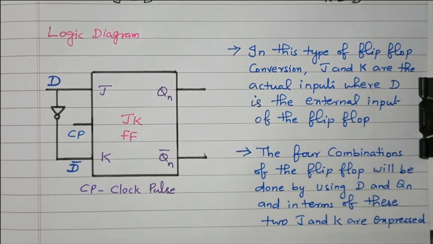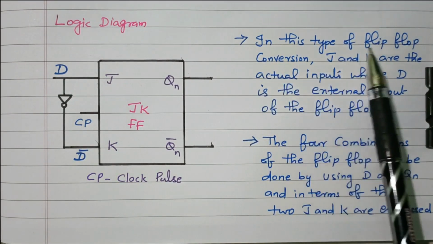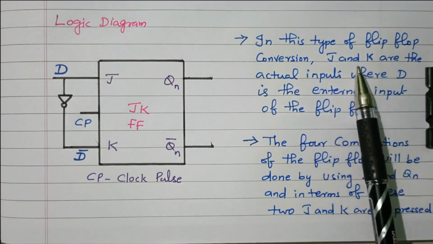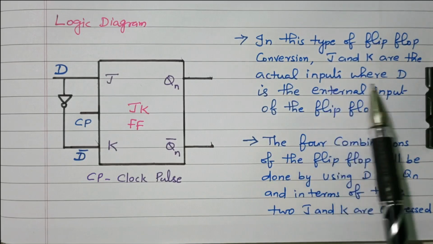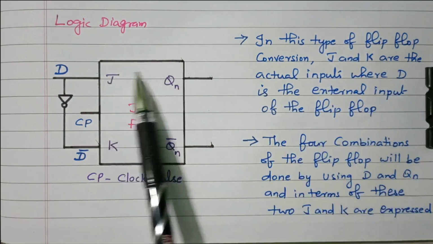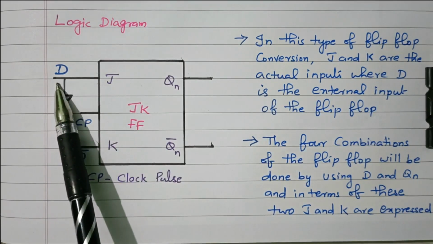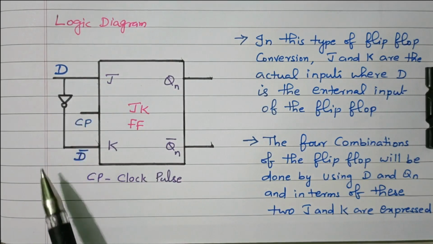Some descriptions are available. We'll see the description. In this type of flip-flop conversion, J and K are the actual inputs, where D is the external input of the flip-flop. So in this JK flip-flop, J and K are the internal inputs. For that we are giving D as an external input.